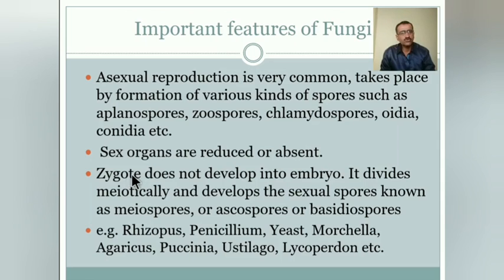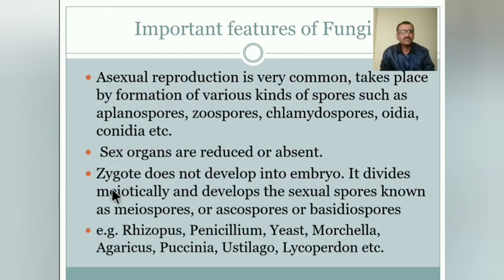In most cases they are reduced or absent, but if present, the male is known as the antheridia and the female as the oogonium or ascogonium.